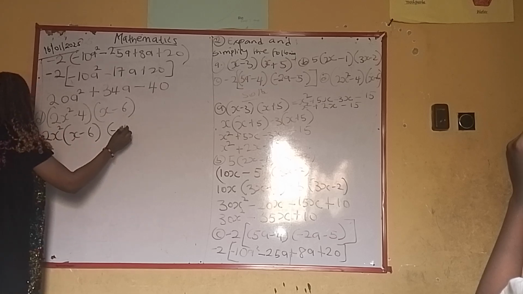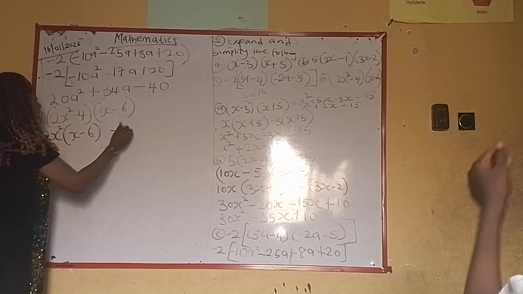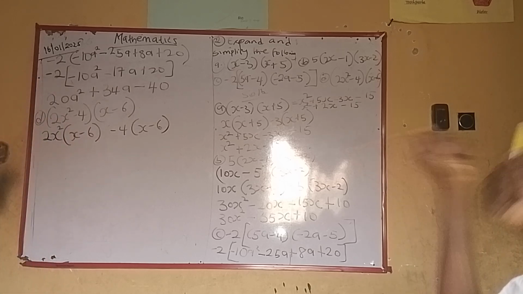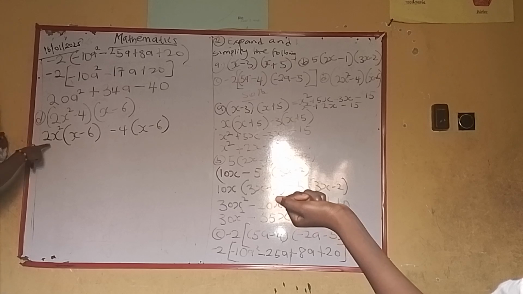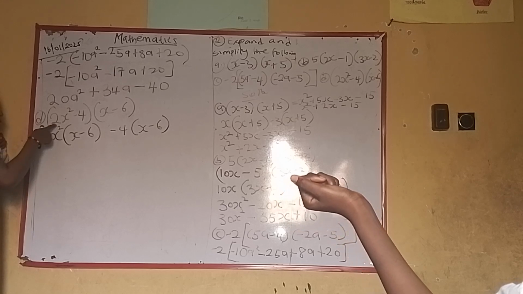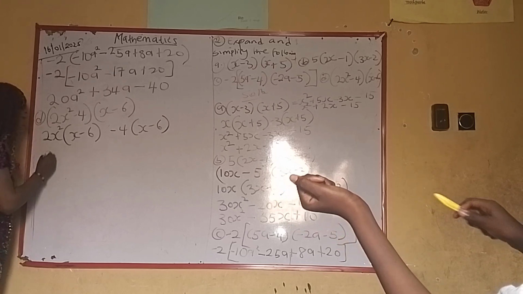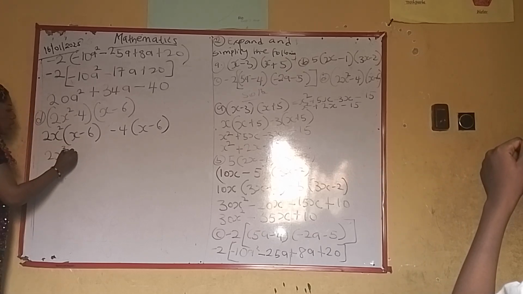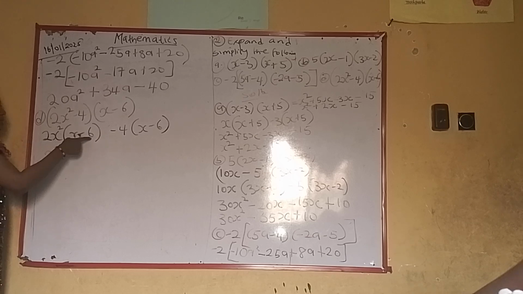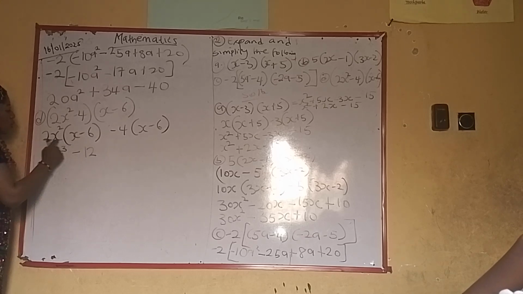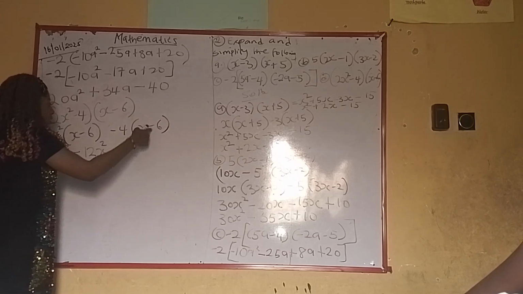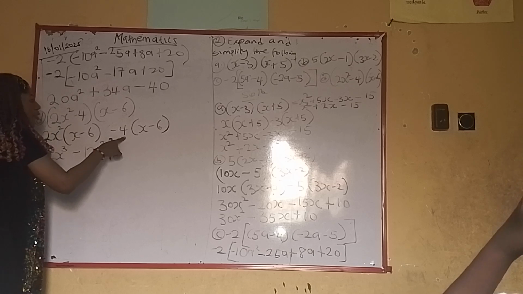Minus 4 bracket x minus 6. So this will now be what? 2x squared times x is 2x cubed. Plus times minus is what? Minus. 2 times 6, 12, with the x and the square carried. So minus times minus is what? Plus.